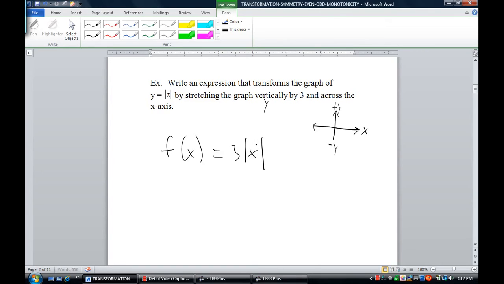Once again, all information about the y's goes on the outside, so we put the negative right on that 3. The 3 involves the stretching vertically, and the negative involves which axis it's flipped over. Understand that? It always pays to draw graphs whenever in doubt.